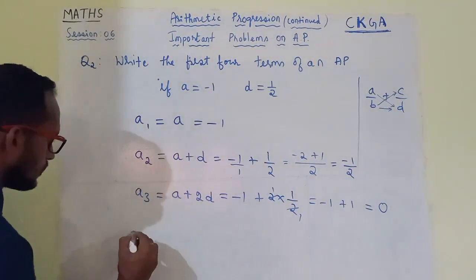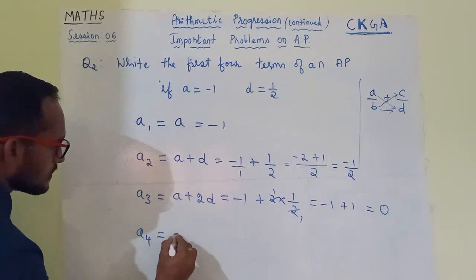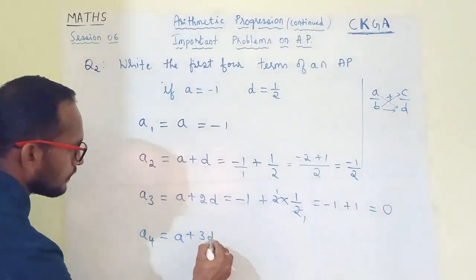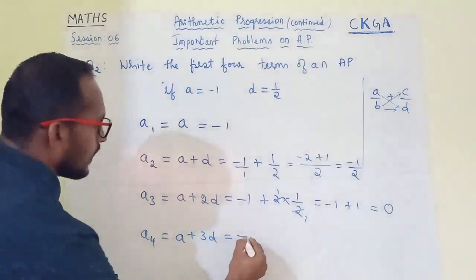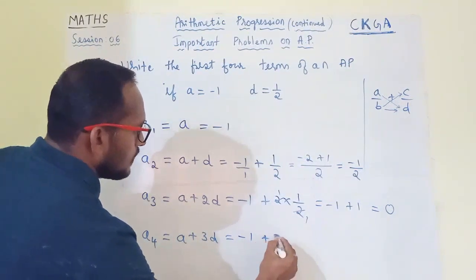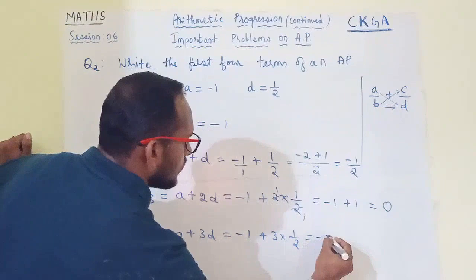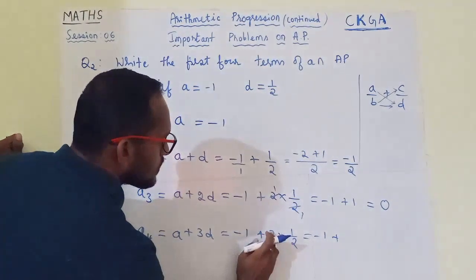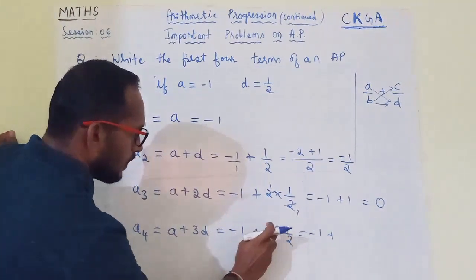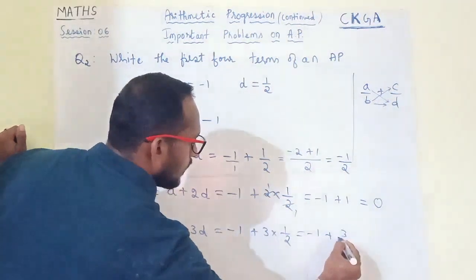Now let's go for the fourth term, A4, that is A plus 3D. That is minus 1 plus 3 into 1 by 2. Minus 1 as it is, plus 3 by 2, multiplying numerator with numerator: 3 into 1 is 3 by 2.